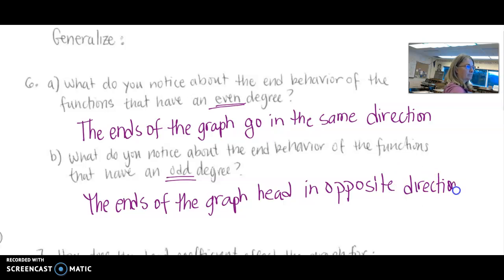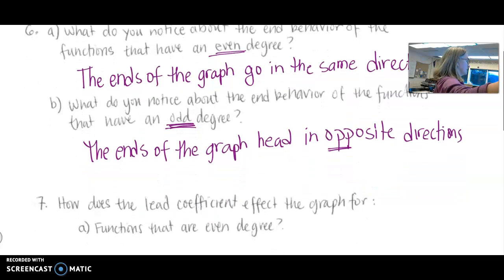One way to remember this is that odd looks kind of like opposite. So odd degree polynomials go in opposite directions. You're either going to go one up, one down, or it might be the reverse of that. And if it's an even degree, both ends go up, or both ends head down to negative infinity.